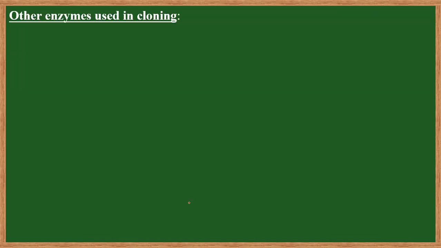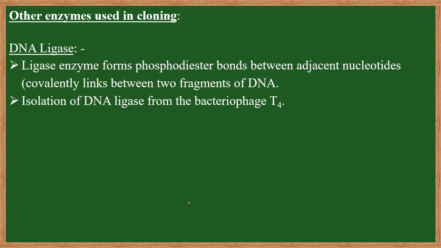After restriction enzymes, there are two other types of enzymes also used in the rDNA technique. The first one is ligase. Ligase means to combine, to bind two fragments. Ligate means join, so DNA ligase joins two fragments of DNA.